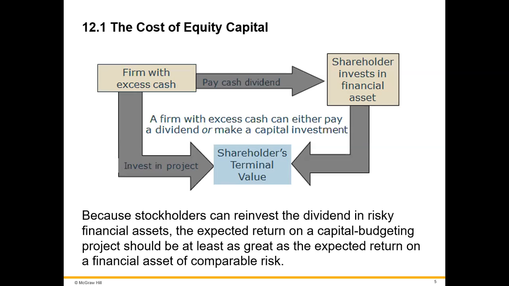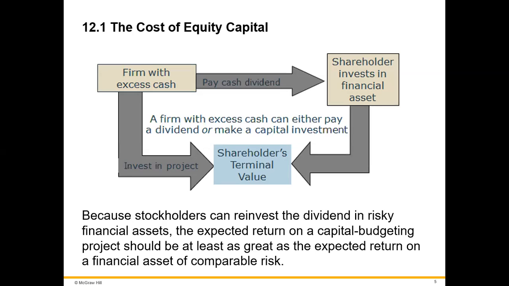So what are we looking at? Because stockholders can reinvest dividends in risky financial assets, the expected return on a capital project should be at least as great as the expected return on the financial asset they're going to go and buy.